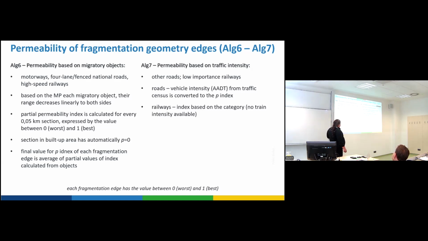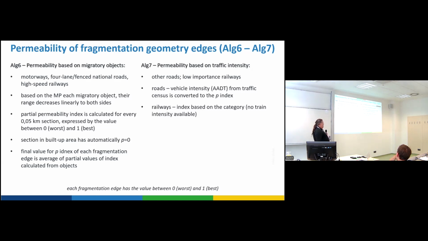And for the traffic intensity, we have one small function based also on the probability of how much free time for crossing the road animals have according to the intensity.